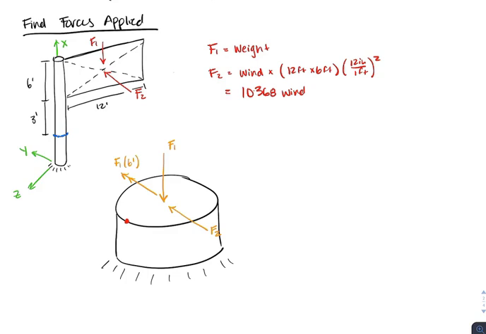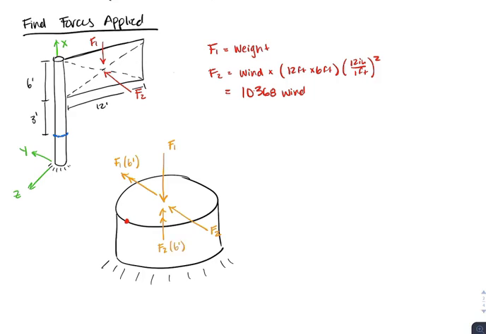Now F2, by moving it from the centroid of the sign to the centroid of the pole, we're causing another twisting action, but in this case it's going to be a torsional twist rather than a moment. And so that torsion is going to be acting around the x-axis. So it's going to be going in this direction, and that's going to be a value of F2 times 6 feet as well.